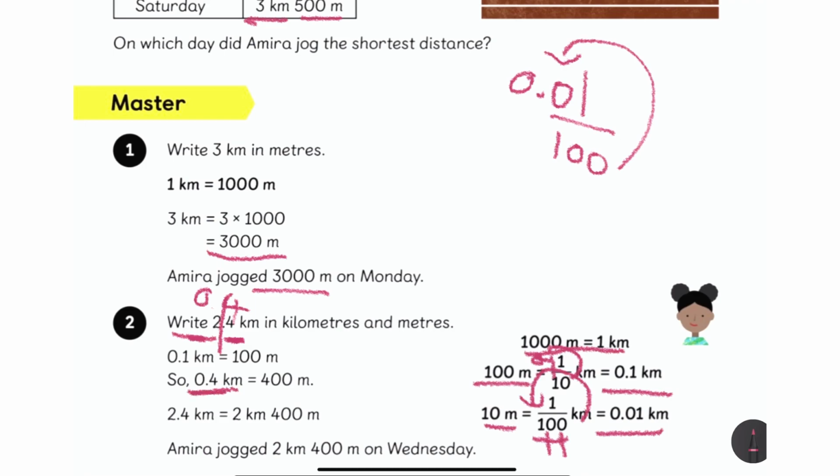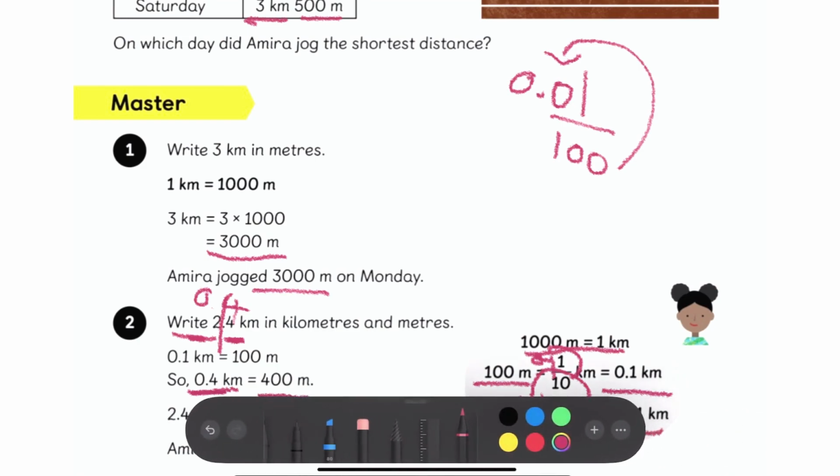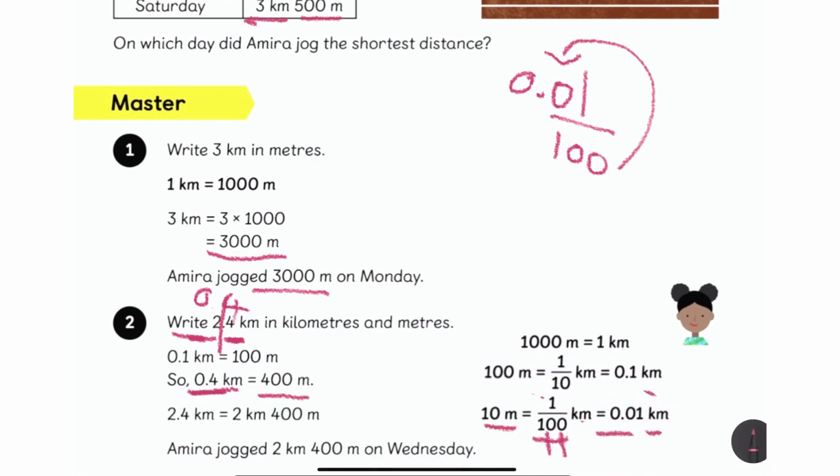As you saw in the explanation, I'm just going to rub this to show the key so it's easy for us. You see, 0.1 kilometers equals 100 meters. This key is what we are using. So instead of 1, I just replace it with 4, it becomes 400 meters. Therefore, 2 kilometers 400 meters is what Amira jogged on Wednesday.